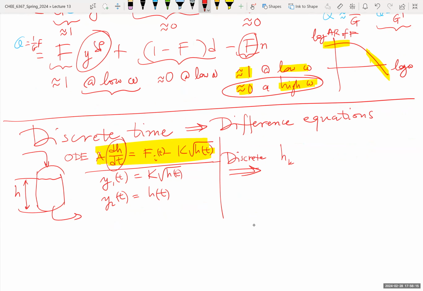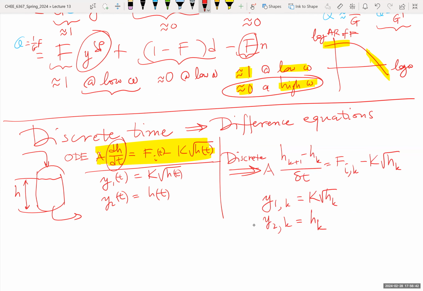So you have A times (h_{k+1} minus h_k) over delta t equal to F_i at time k minus K square root of h_k, and y1 at time k is K square root h_k, and y2 at time k is h_k.